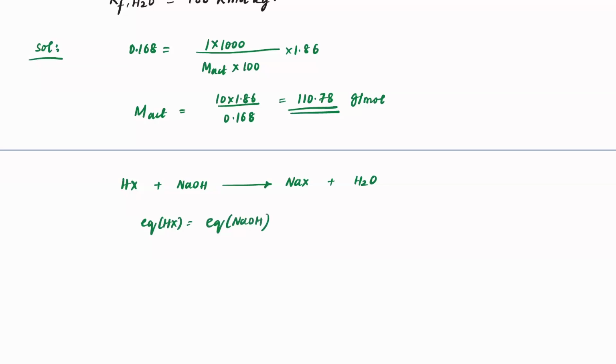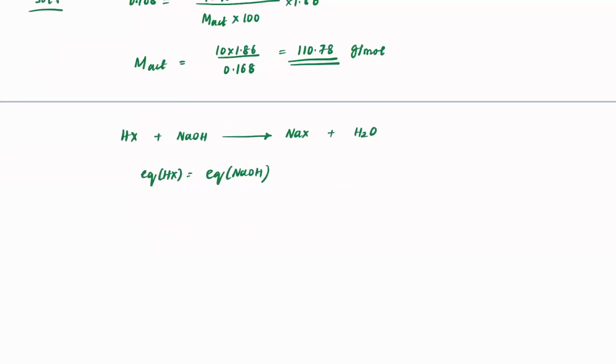Correct? Which means at neutralization, this is what you will get. Okay. So in that case, I can write this as N1V1 is equal to N2V2. Correct? Or since the valency factor is 1, I can also write it as M1V1 is equal to M2V2.